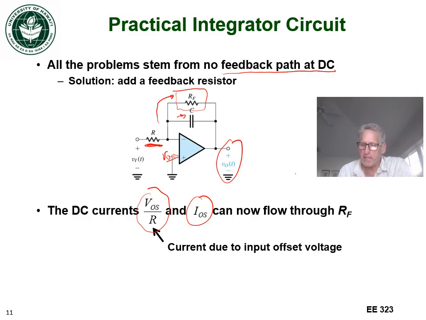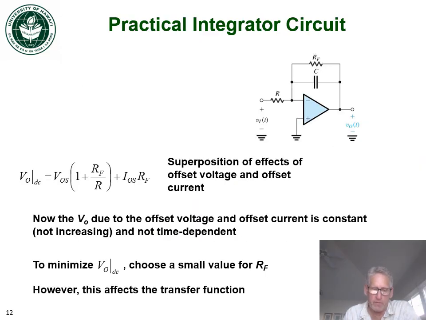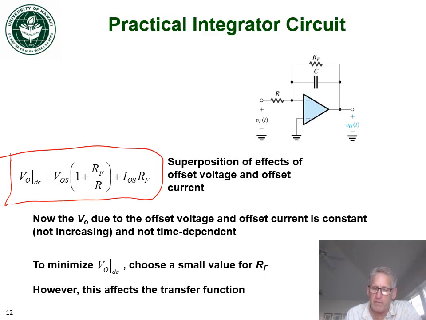And so what happens then is that we get an output DC, which would be the VOS. If we had VOS here, then it just looks like a non-inverting amplifier, 1 plus R2 over R1. IOS is just going to be flowing through here, so that will be flowing through there, IOS.